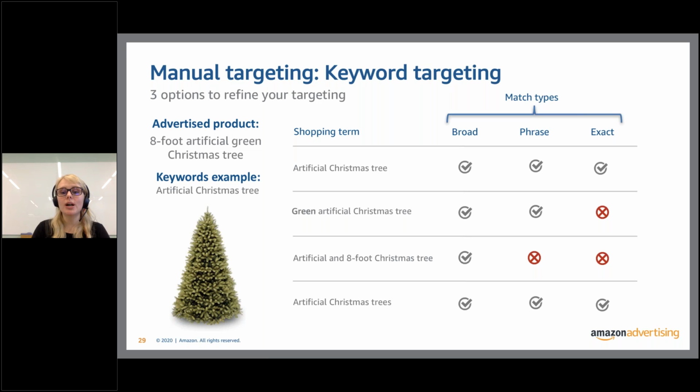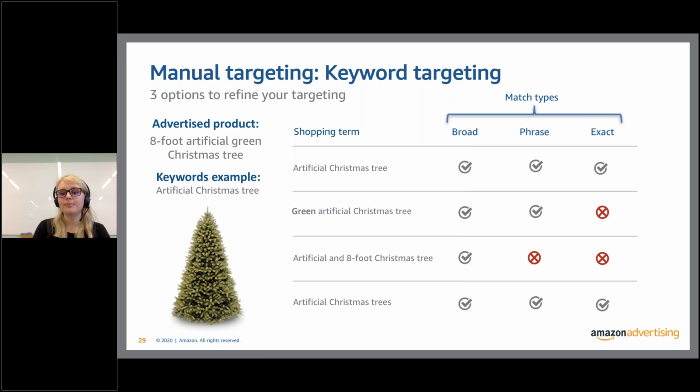Broad match offers your ad broad traffic exposure, meaning that a shopping term will match if it contains the keyword terms that you're targeting in any order. Broad match also includes the plural form of the keyword, related queries, and other variations that are close to that keyword.